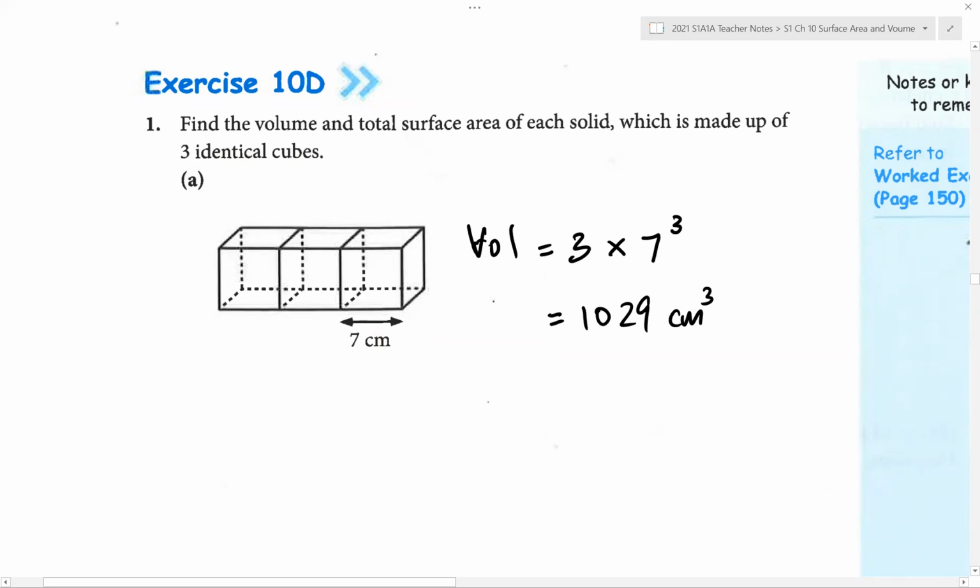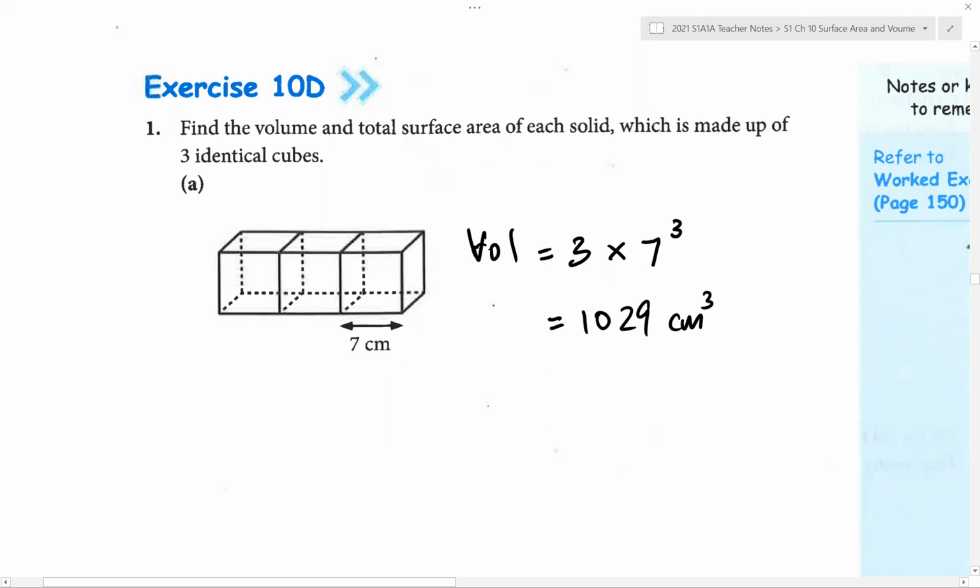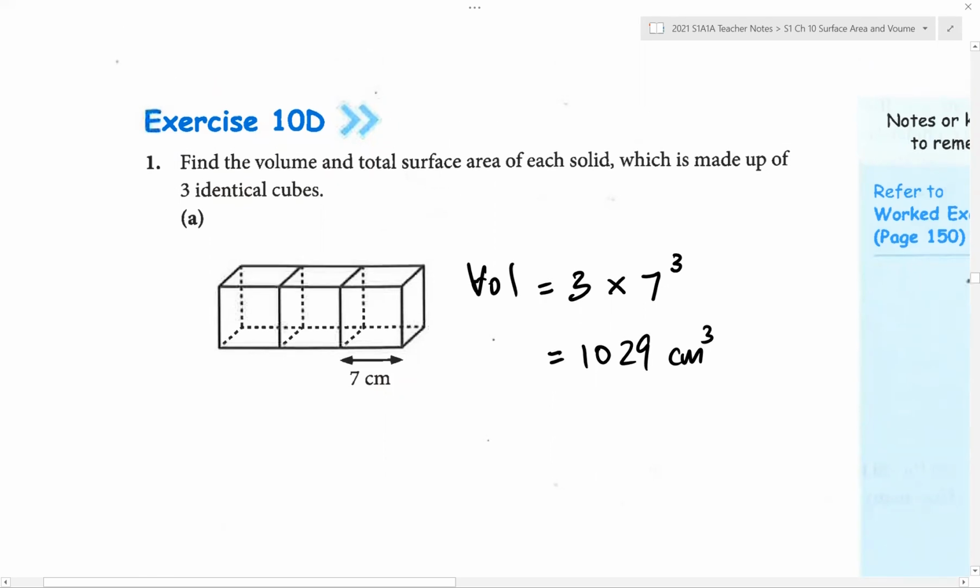This is the volume. What about the surface area for this figure? Surface area refers to the areas that we can touch. In this diagram, there are 4 sides that we can touch.